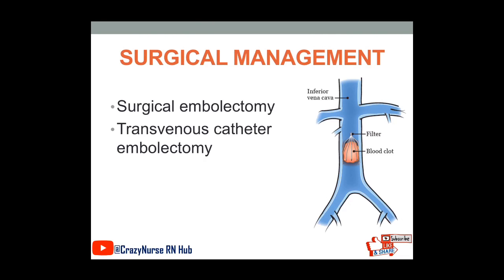We also have another surgical management which is called your transvenous catheter embolectomy. This procedure has a variety of techniques. We have your suction embolectomy, wherein there is a large lumen catheter inserted and the thrombus is suctioned by manually applying negative pressure with an aspiration syringe.